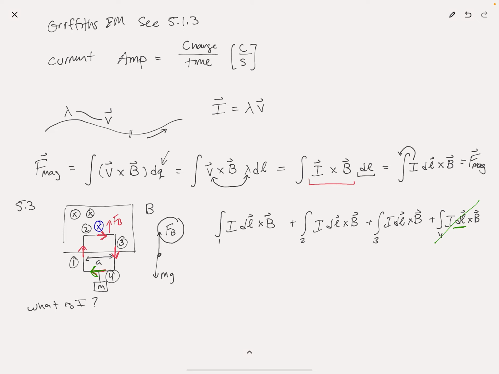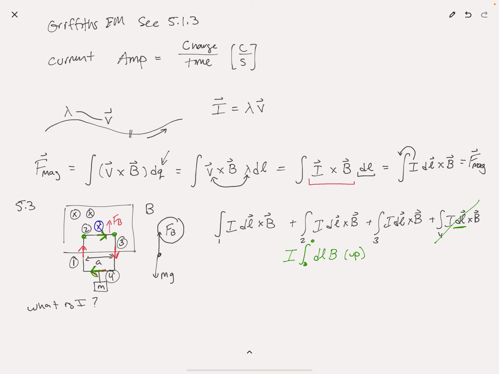Then let's do number 2. I'm going to walk along this wire. My B field is constant, so I can say that this integral is going to go from some distance, 0.1 to 0.2, whatever that is, of dl cross B. We can write this as dl B, and our direction is going to be up.